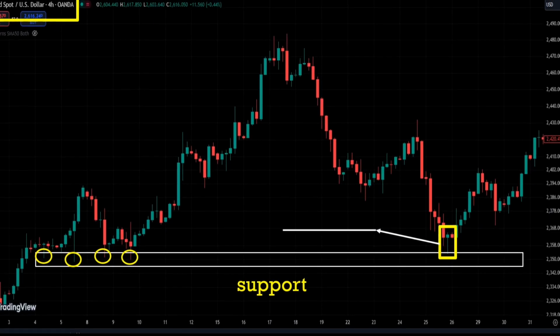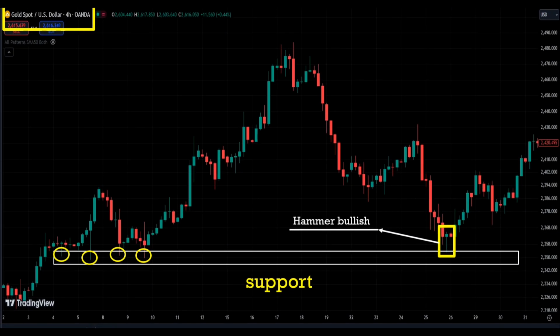The price action at this level reflects the battle between buyers and sellers. The formation of the hammer candlestick here indicates that buyers have regained control, pushing the price upward and confirming the continuation of the bullish trend.